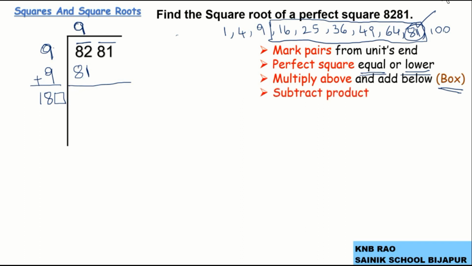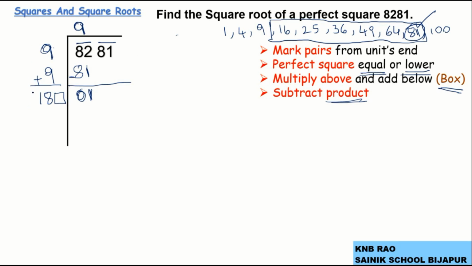Now we will do the next, fourth step. What is the fourth step? Subtract the product. Here the product of 9 9s is 81. This is to be subtracted. So 82 minus 81 gives 1. Remember children, inside of these lines is subtraction, outside of these lines is addition.